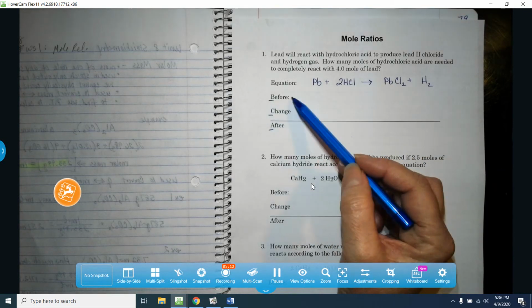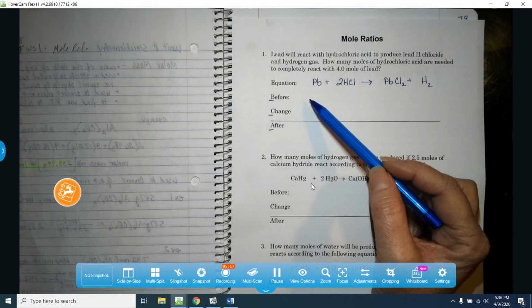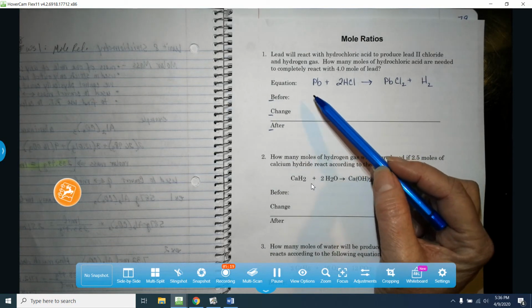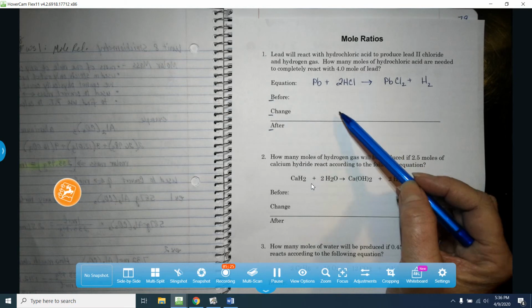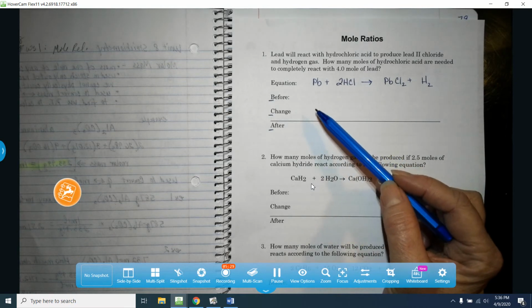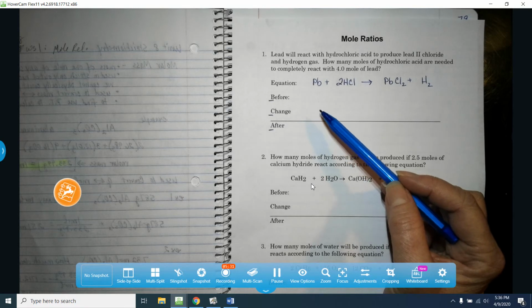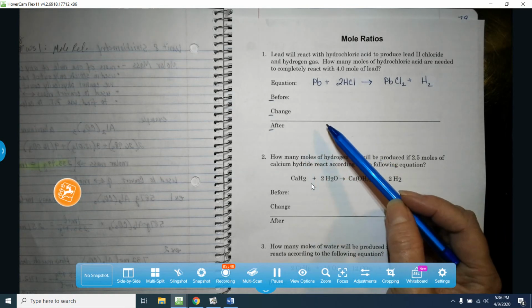Okay, the before, this row right here is talking about what you have before the reaction happens. Okay, and then the change is going to be either positive or negative. Negative if you're decreasing in amount, positive if you're increasing in amount. And then you have the after row, which tells you what you have at the end of the reaction.